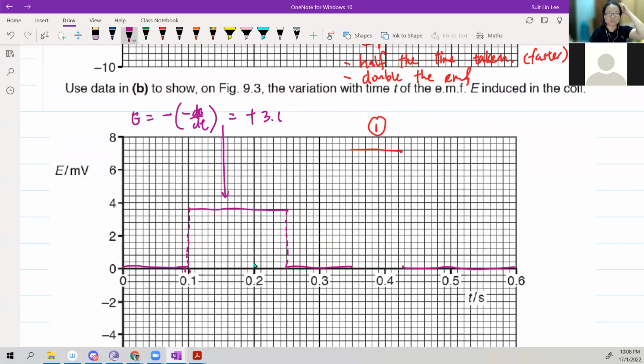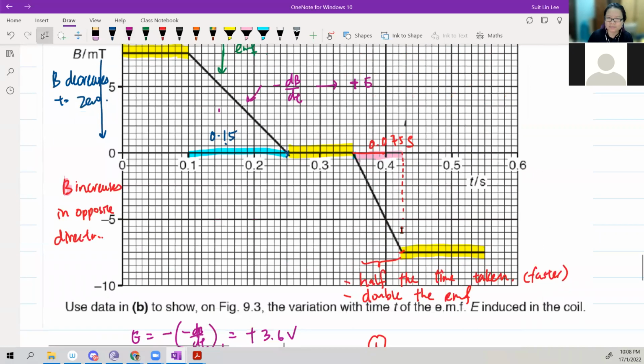So positive 3.6. So my question was, for this second portion, which is 7.2, because it will be half the time, so double the EMF. Do you think it's positive 7.2 or negative 7.2? Millivolt, but which one?